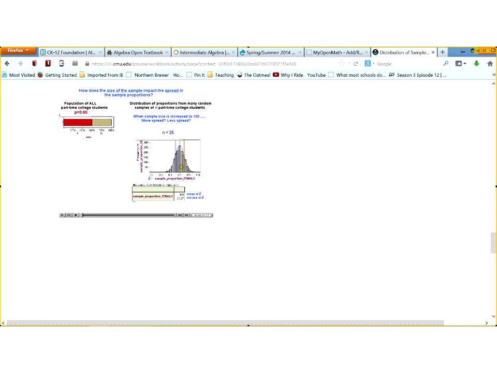Yes, so this was from n equals 25, and if you go through this and see the simulation for n equals 100, a larger sample size, what you'll end up with is less variation. And by the law of large numbers, that makes sense, that if you have a larger sample size, your results should be closer to the true results in general. So you're going to have less spread among your samples if you have a larger sample size.